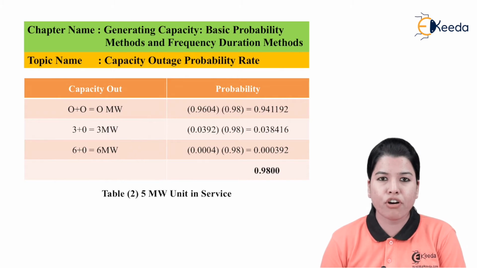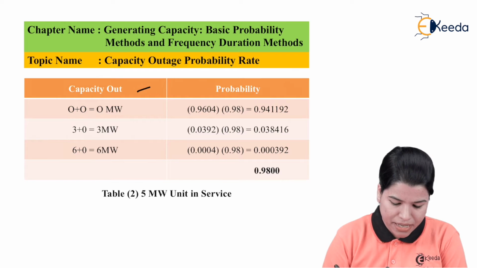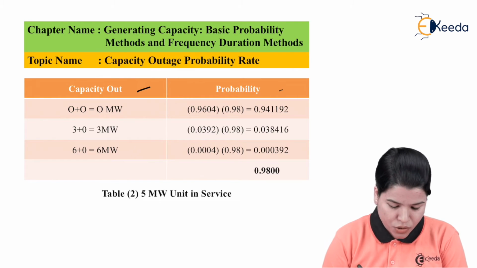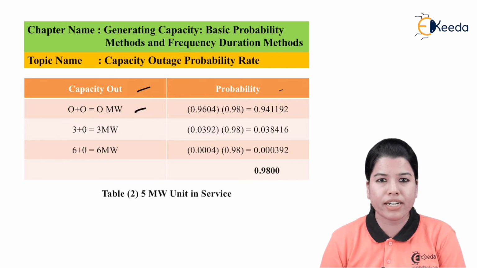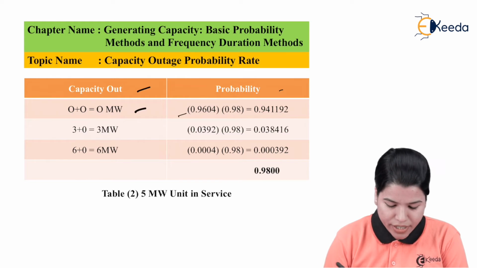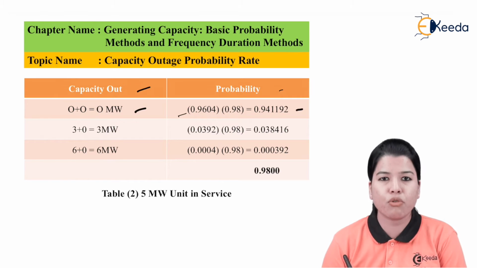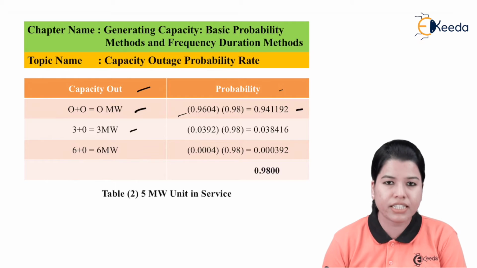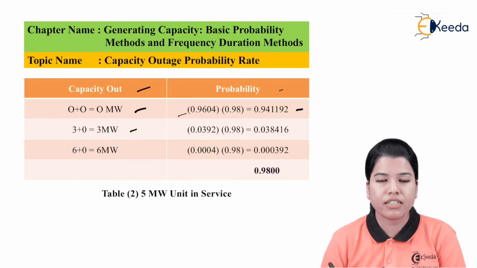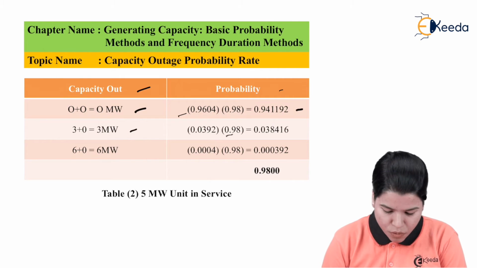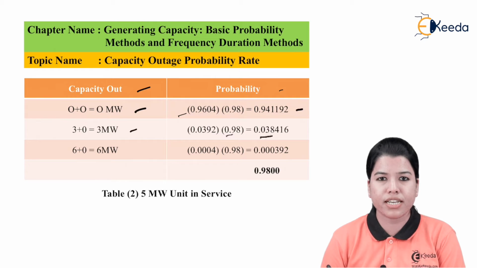This is the table for the 5 megawatt unit which is in service. Again there are two columns, capacity out and probability. For 0 plus 0, that is 0 megawatt, the probability is 0.9604 multiplied by 0.98, which is equal to 0.941192. Similarly, for 3 plus 0, that is 3 megawatt, the probability is 0.0392 multiplied by 0.98, which is equal to 0.038416.